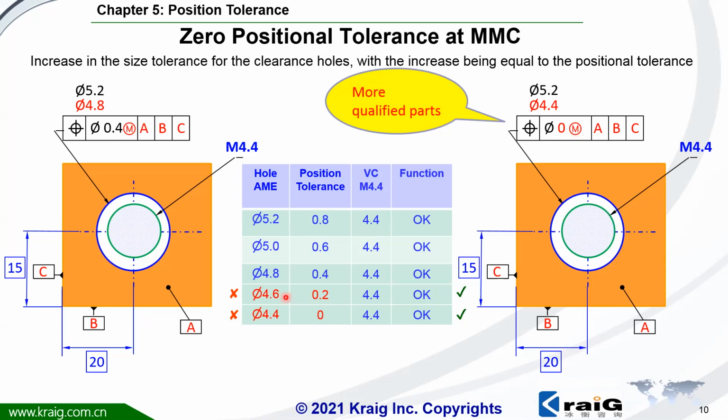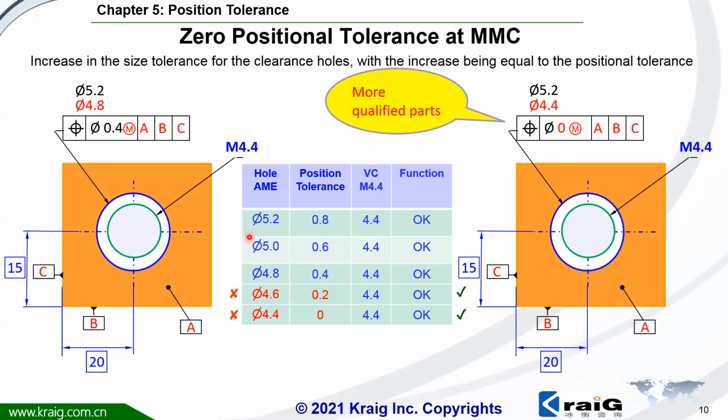If it's 4.6, the position tolerance will be 0.2. And 4.8, the position tolerance is the same as this joint here. 5.2, according to this joint, position tolerance will be 0.8.